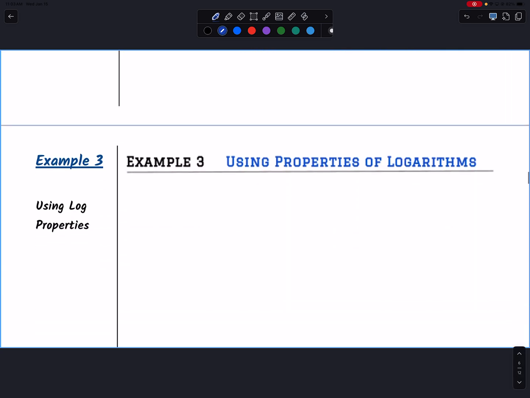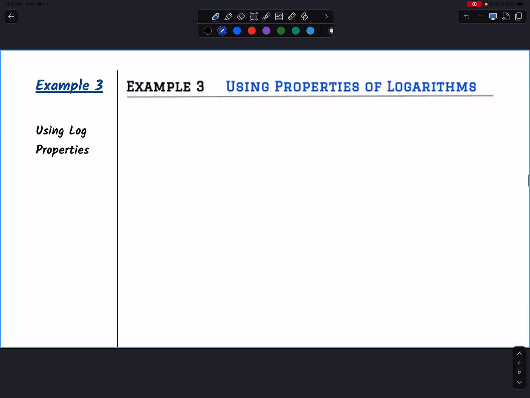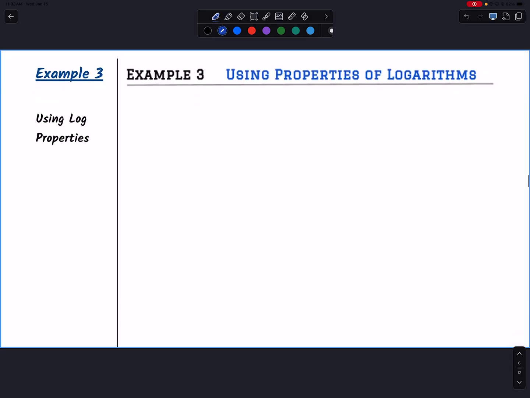So this is a long problem. We're gonna have 6 parts. So we're going to use log base B of 2 is approximately 0.3562.